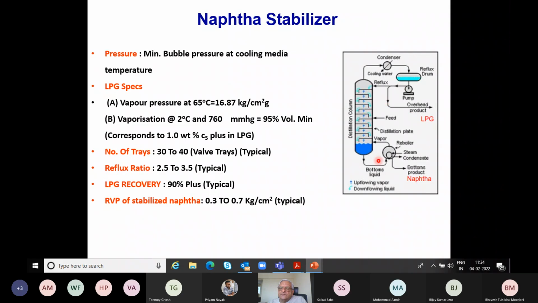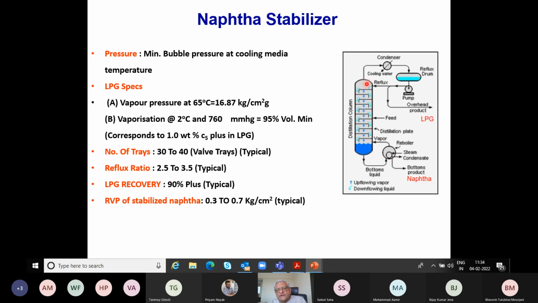And then we have naphtha coming out from the bottom. It's a traditional reboiler. In many cases, rather than putting steam, we use one of the hot streams from within the refinery to provide the reboiling duty. That means either we use the diesel pump around or the hot diesel going out from the crude column or something like that.